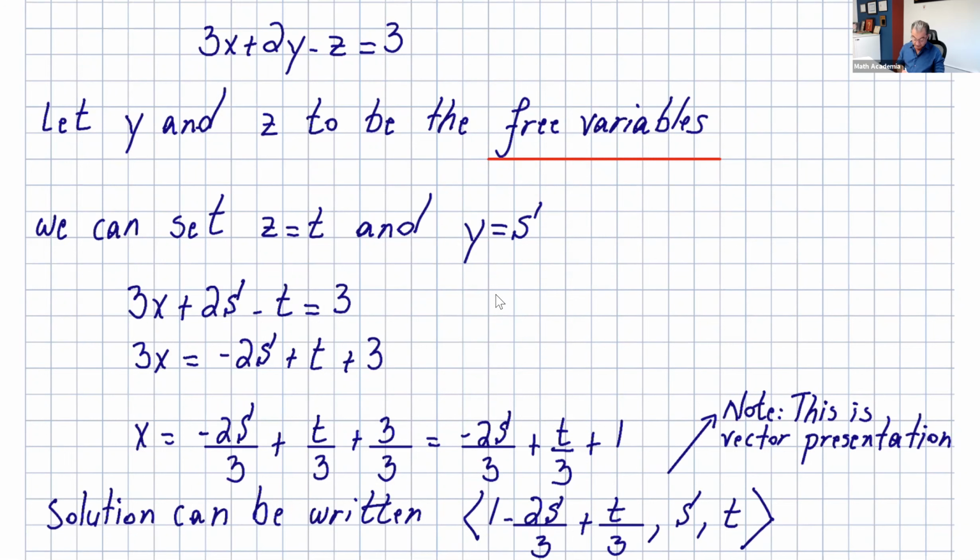So take 2s and negative t to the other side. And you can divide both sides by 3, or every single term. So you can write x as negative 2s over 3 plus t over 3 plus 3 over 3, or simply negative 2s over 3 plus t over 3 plus 1.